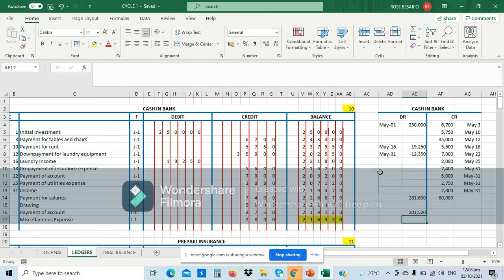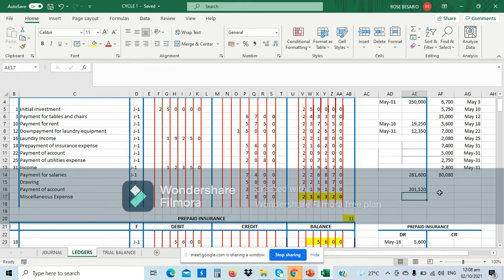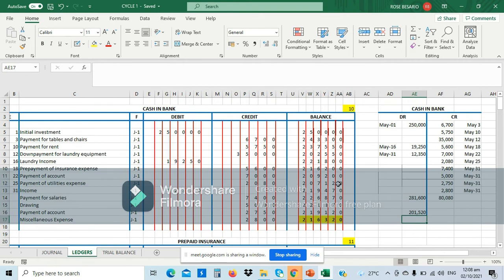So I think the problem lies here. Okay, so let's check for our running balances.